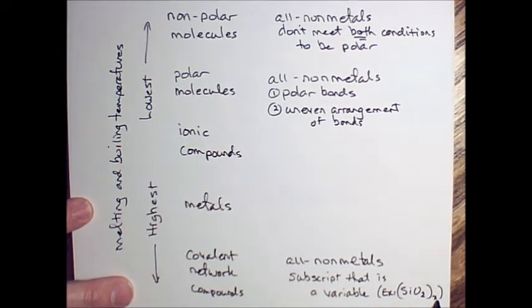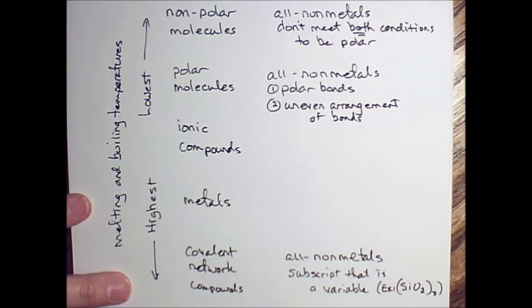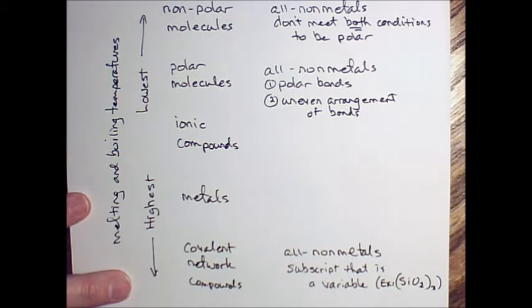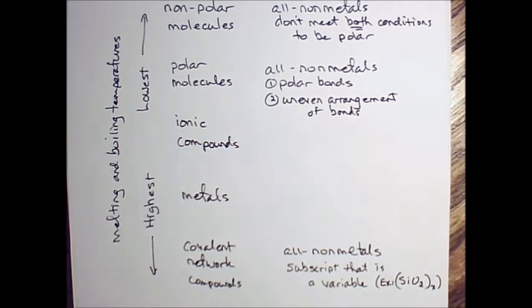So that X is a subscript, that's a variable. Or SiO2, and I put all that in the parentheses, put an X outside of it. That's an X on the outside.